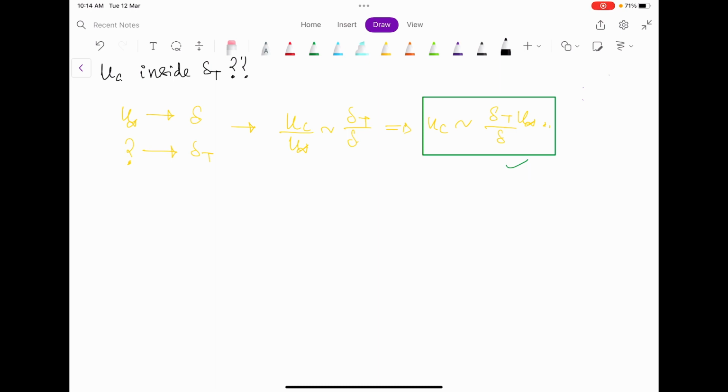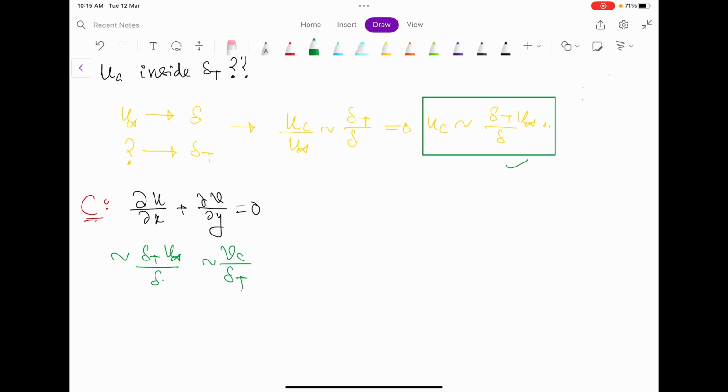So let me write now the continuity. del u del x plus del v del y is equal to 0. So this is the continuity, right? It is having a scale of Uc, that is delta t u infinity by delta. It is having the scale of Vc by delta t.